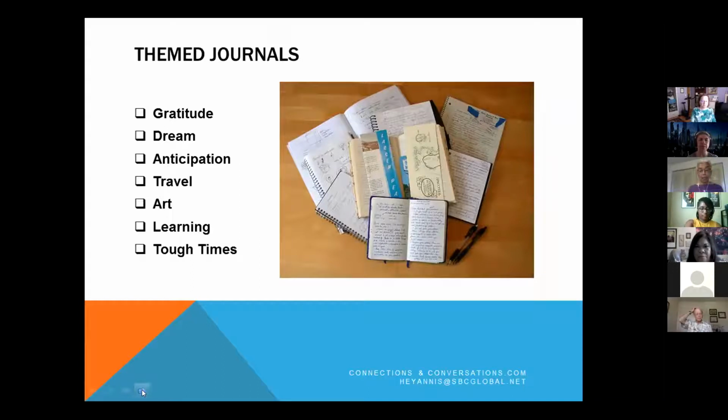So I'm going to talk about themed journals here, and you can see the themes: gratitude, dream, anticipation, travel, art, learning, and tough times. I've got a couple that I'm going to really talk about, but then I decided I'd sort of take a poll.